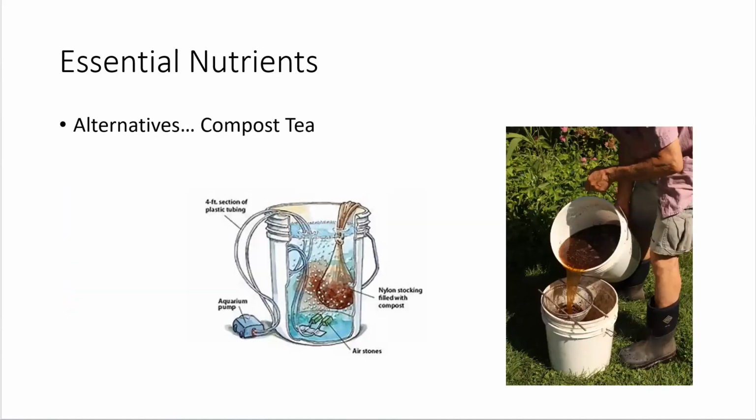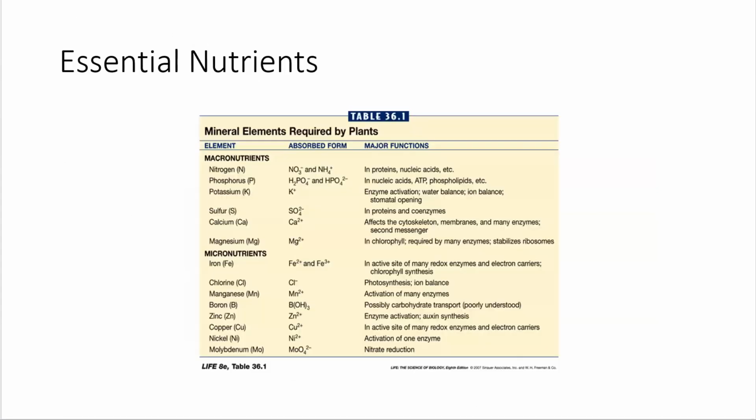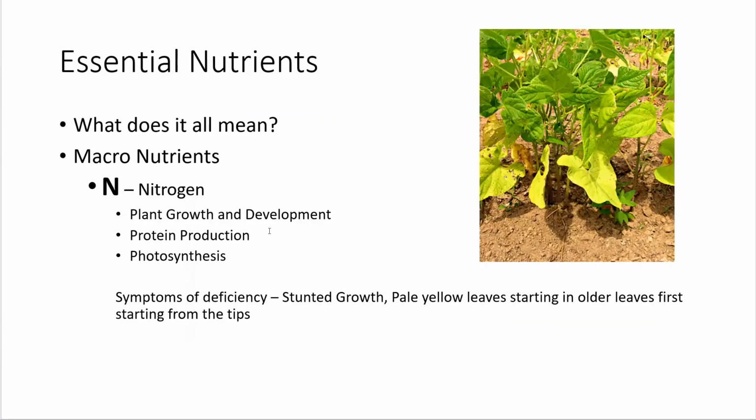Compost tea as an alternative, grass cycling, remember 0.4% dry weight, and then really looking at the macronutrients and the micronutrients, right? And what they actively do for the plant, primarily the nitrogen, phosphorus, and potassium, and then some basic symptoms of those deficiencies.